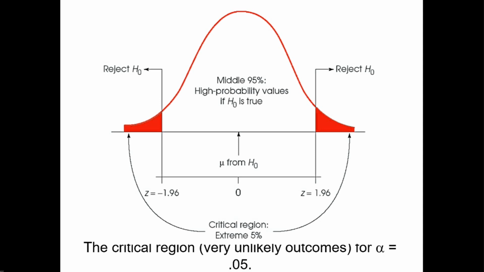We won't look things up in a table. We'll actually use the computer to tell us what the p-value is, but what we used to do is look things up in a table to find the probability. If a score is here, what's the probability for that score? And that's how we would reject the null hypothesis or not.